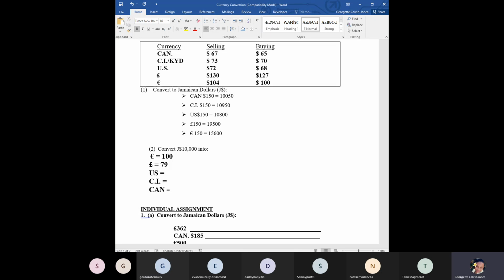The exact figure was 78.74, you can round it off. 78.74 or 79, it would still work with either one. What's the US? 147. Good.